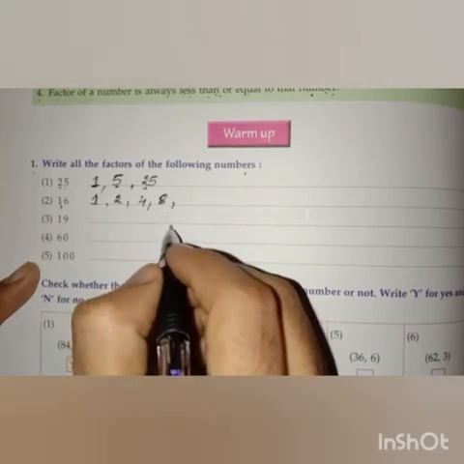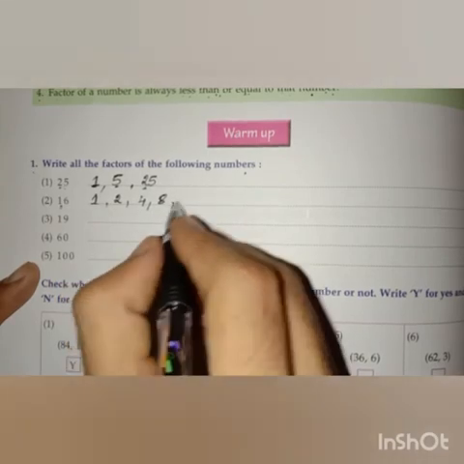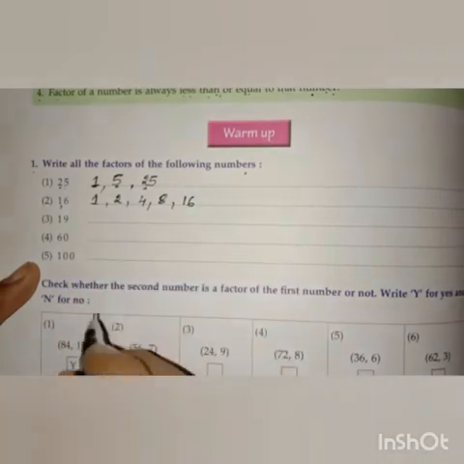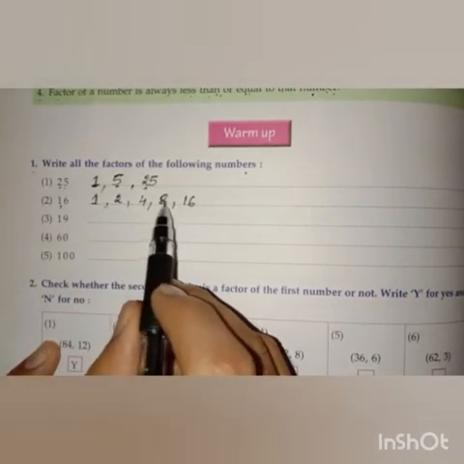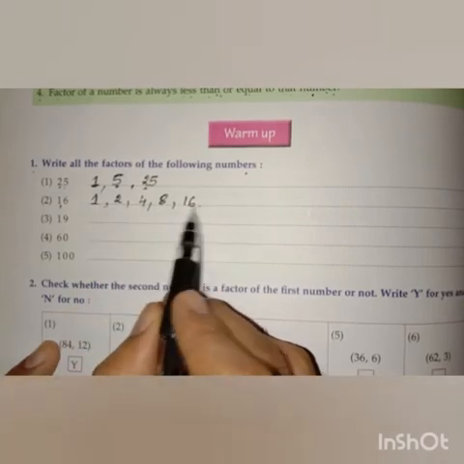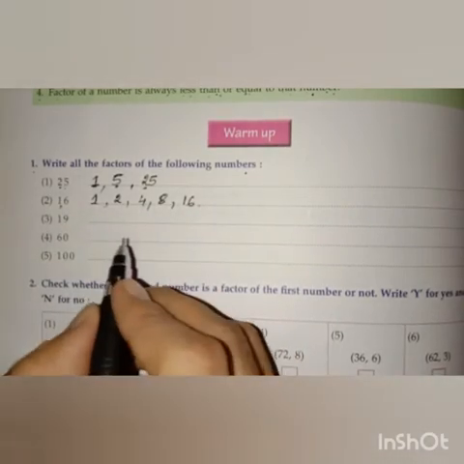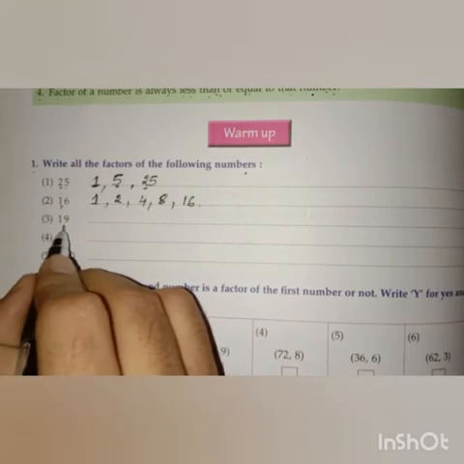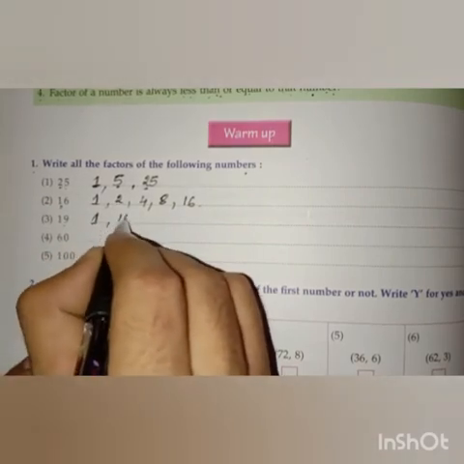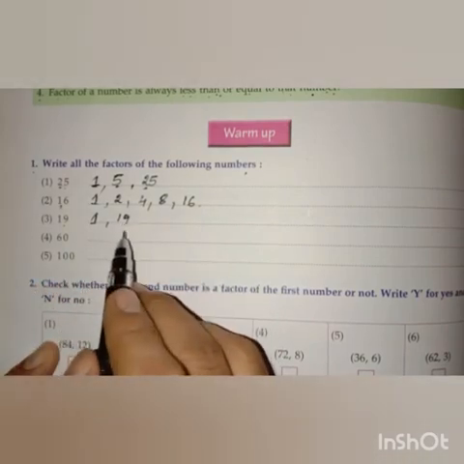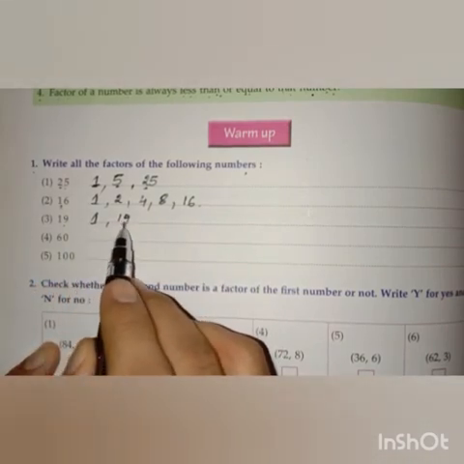From 9 it is not divisible. Last is 16. So it is divisible by 1, 2, 4, 8 and 16. These are the factors of 16. Next, question number 3 is 19. So 19 is divisible by 1 and 19 only. It is not divisible by any other number except 1 and 19.